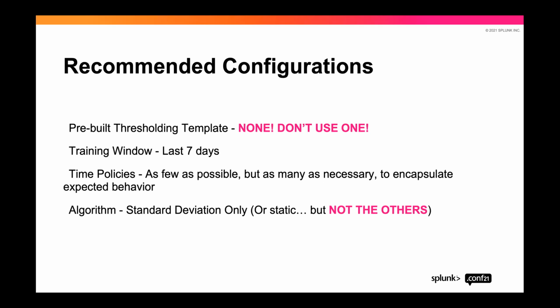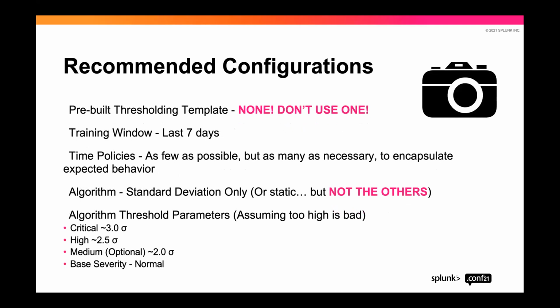So our recommendation is that if you're going to use one of the machine learning algorithms, use standard deviation. You can also use static. You can still build out all these time policies using static thresholds and adaptive thresholds. If you're using static, that's fine. You put the numbers that you want in the proper areas.